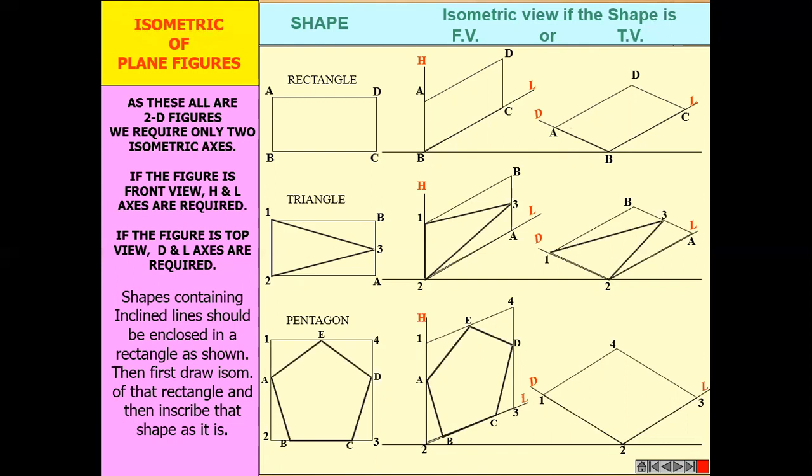Here the triangle is converted into a rectangle as 1 2 B A. The same 1 2 B A is represented in the H and L axis and D and L axis in front and top view. The same as the pentagon, we convert this into a 1 2 3 4 square, and that 1 2 3 4 square is converted into the H and L axis in front view and the D and L axis in top view.